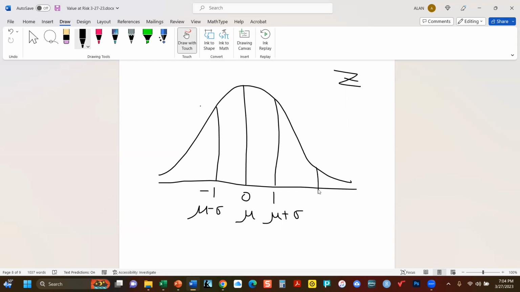So over here, +2 could be interpreted as mu plus 2 standard deviations. And over here, it's mu minus 2 standard deviations.